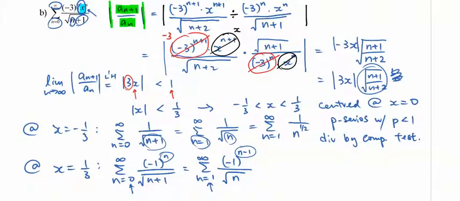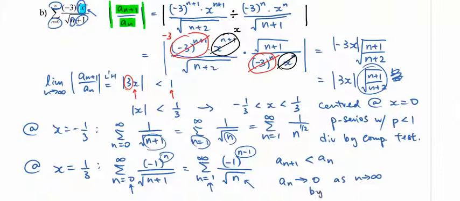But looking at this, we have an alternating series. An alternating series will be convergent, even if it is a p-series with p less than 1, because I can check that this is a decreasing series. The value will be decreasing, and at the same time, your term will approach 0 as n tends to infinity.